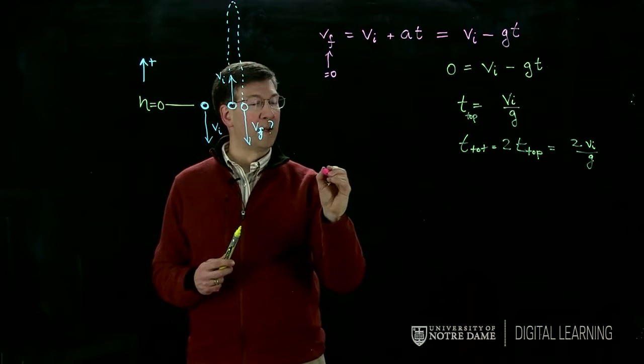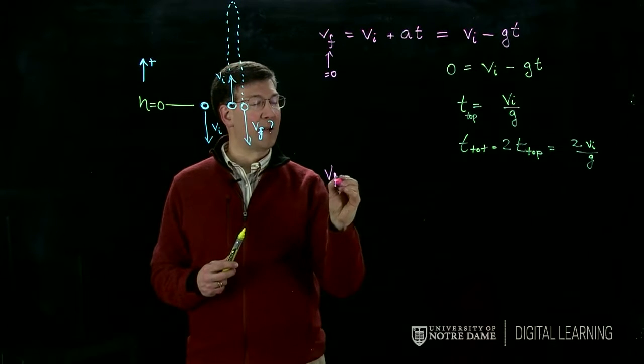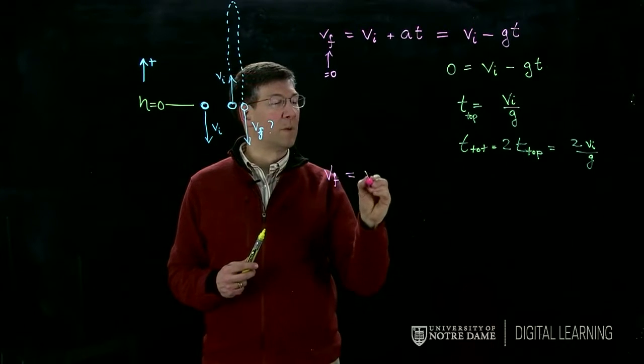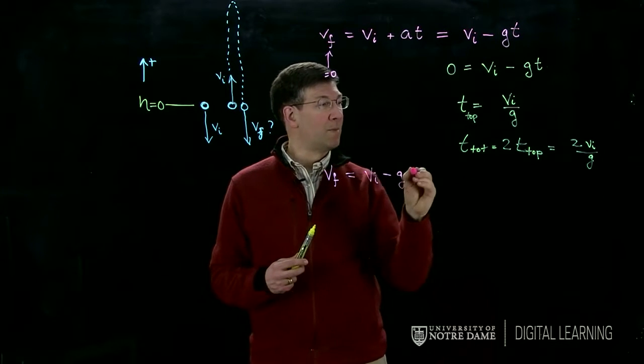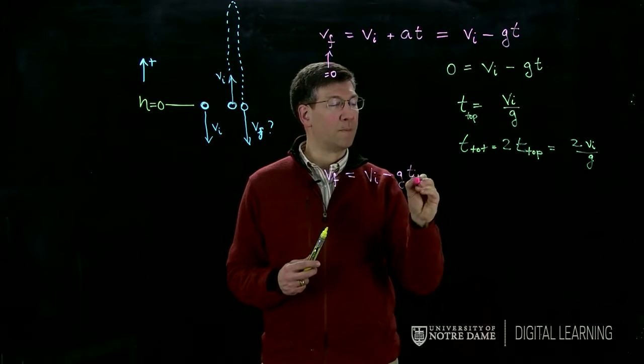So that says that v final, which is now going to be the velocity at the end of the cliff, is equal to v initial minus g times the total time, t total.